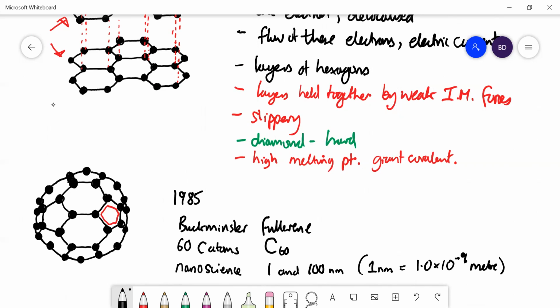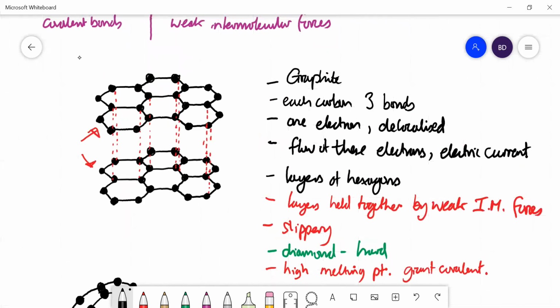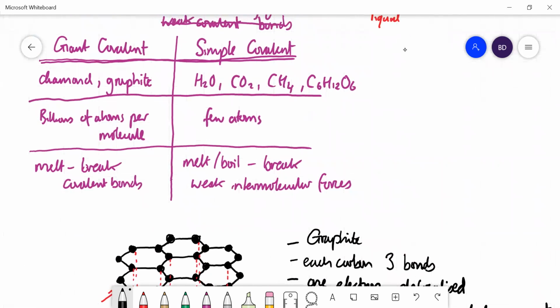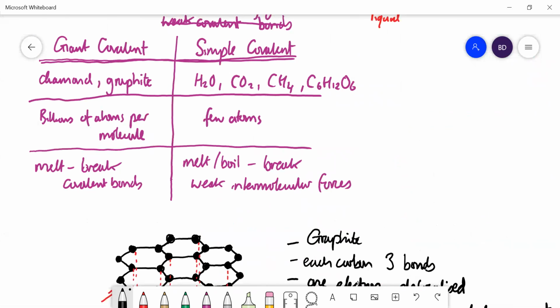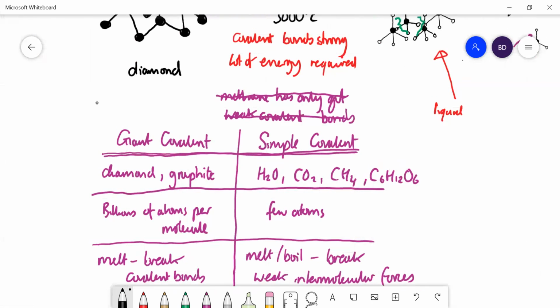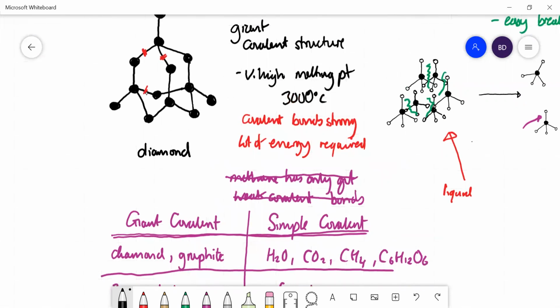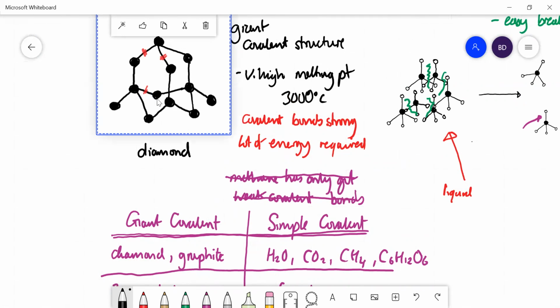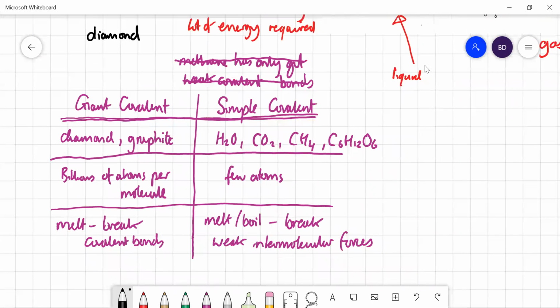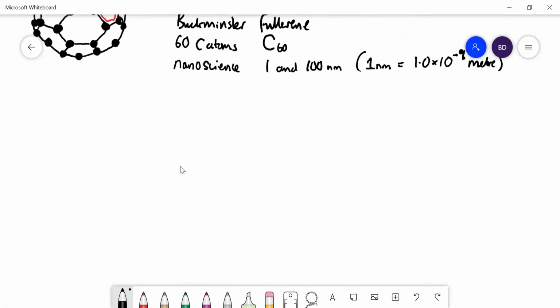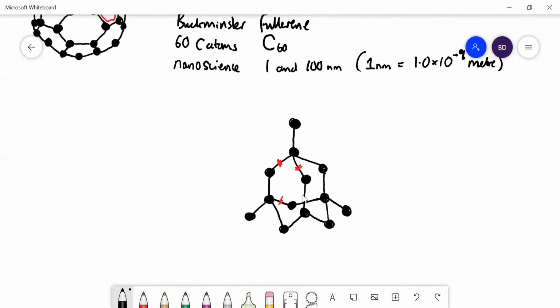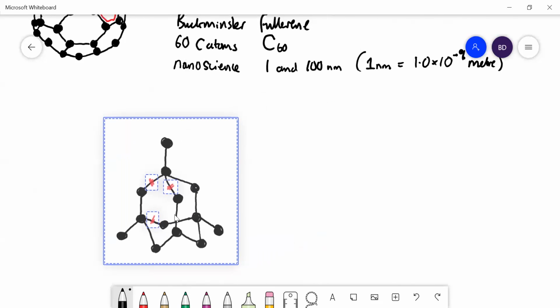Okay, before we finish up on giant covalent, I just want to go back to diamond, because there's another giant covalent molecule which is extremely common and is very similar to the structure of diamond. So what I'll do is I'll copy that and put this down here. Okay, so there we've got our diamond.